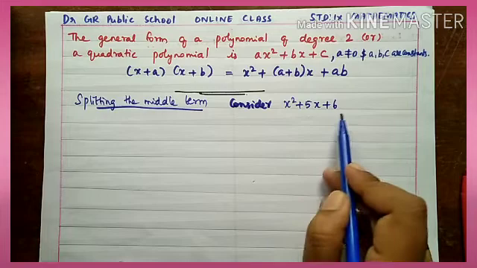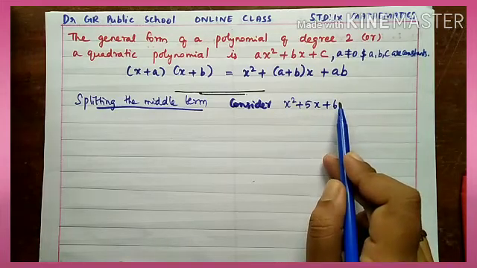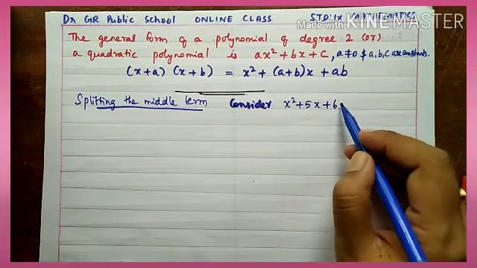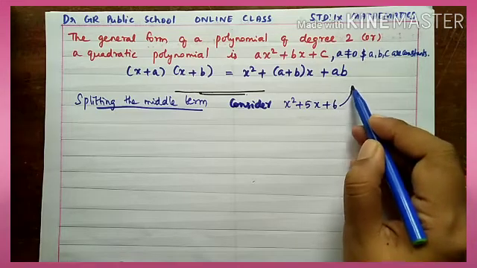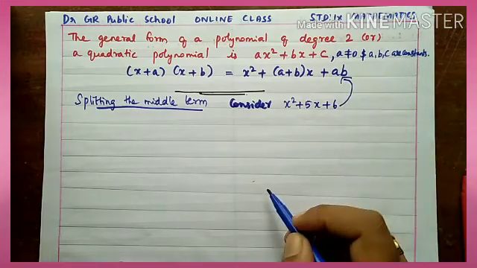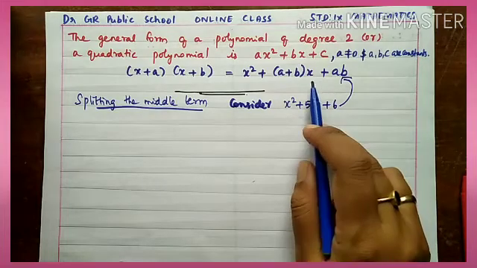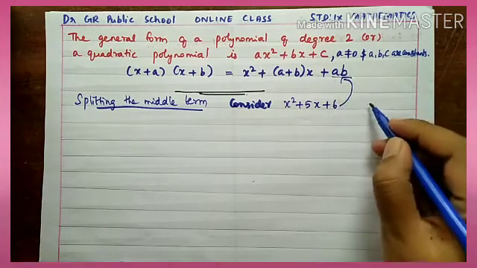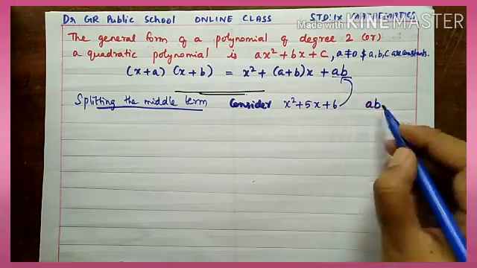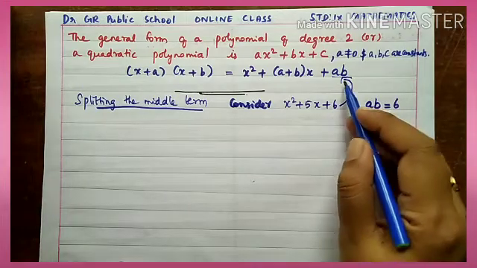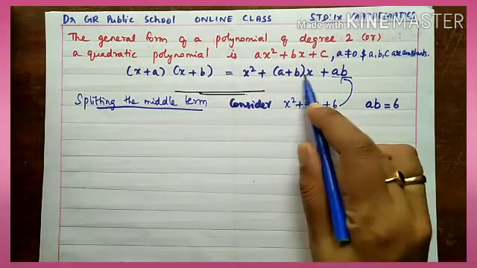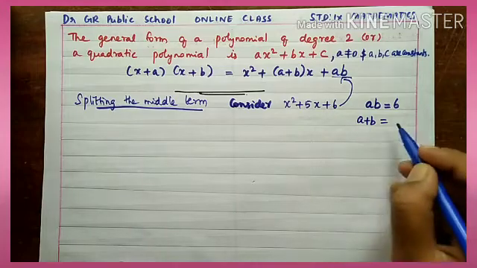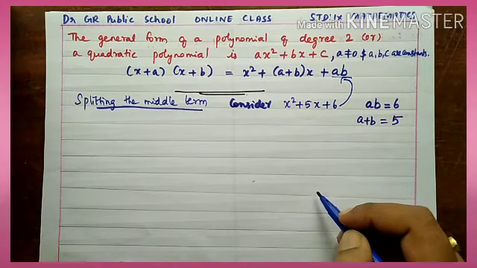Okay, so how to factorize this type of given quadratic polynomial? For this type of questions, what we do is, we compare the given polynomial to the RHS of the fourth identity. When you compare this with the fourth identity, in the place of ab, the constant term, we have the number 6, and in the place of the coefficient of x, the a plus b term, here it is 5.